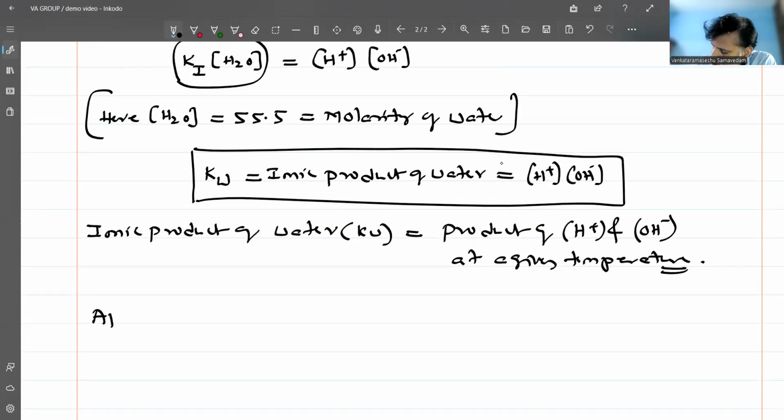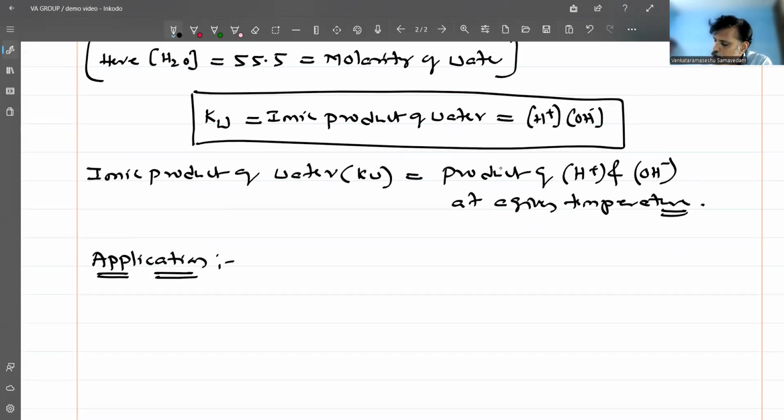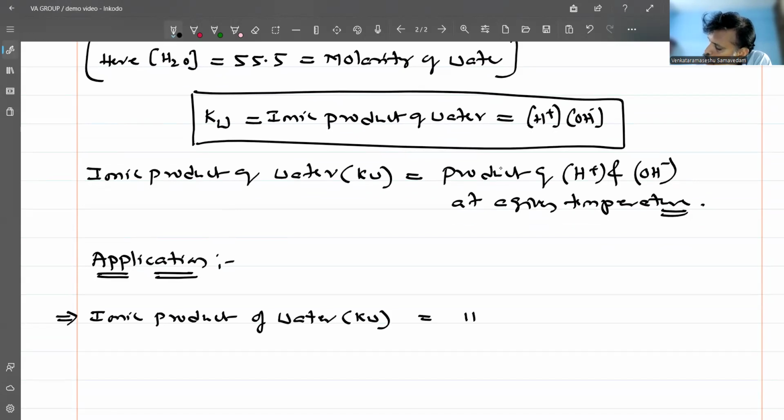So what applications can we get by the use of this equation? If you want to know the applications, first you have to know about the ionic product of water. You know that Kw equals the concentration of H plus ions times the concentration of OH minus ions.